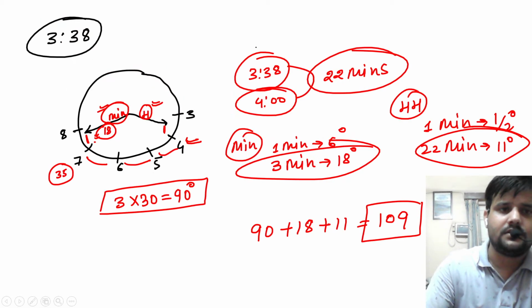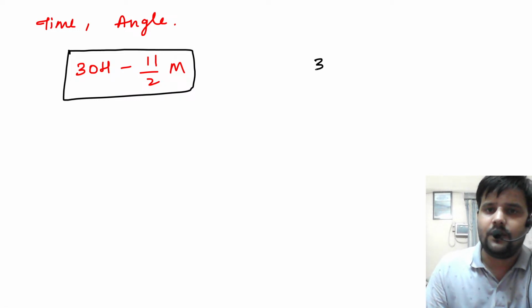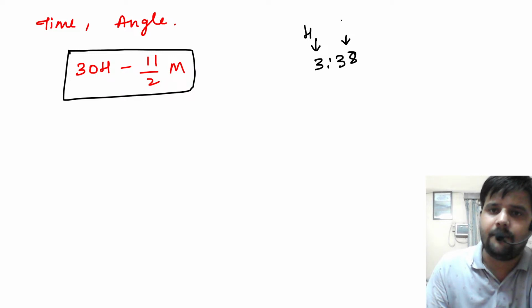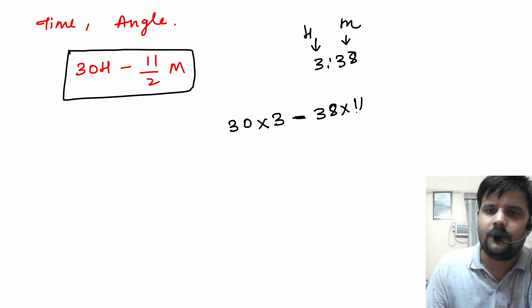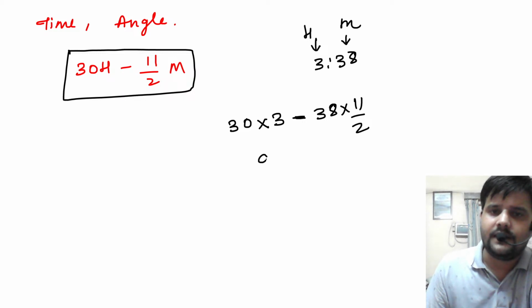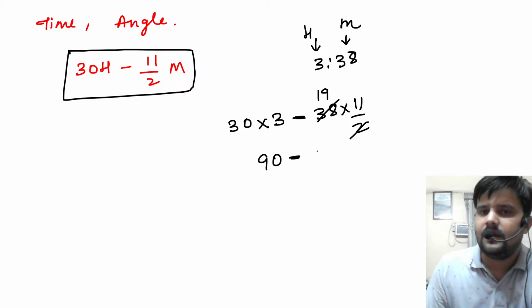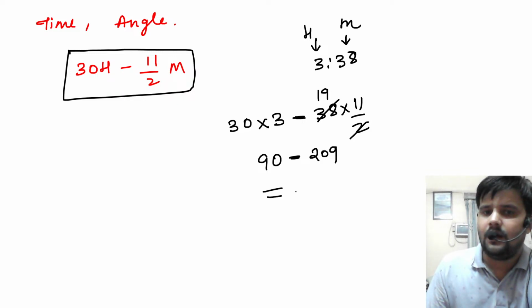So let's take the earlier question. The earlier question was 3:38. So now how would I calculate 3:38? This is your h. This is your m. Just put it into this formula. So this will become 30 into 3 minus 38 into 11 by 2. So now it is 90 minus 19 into 11. 19 into 11 is 209. Now how much are you getting?